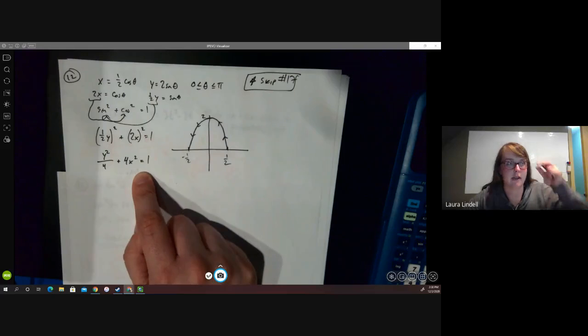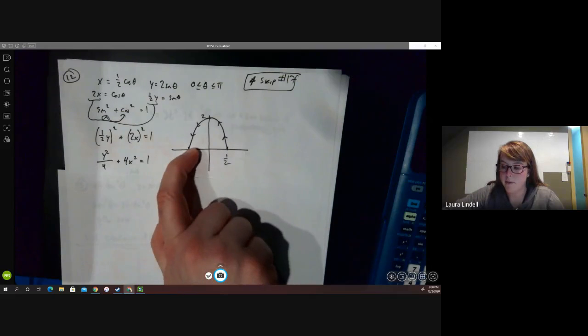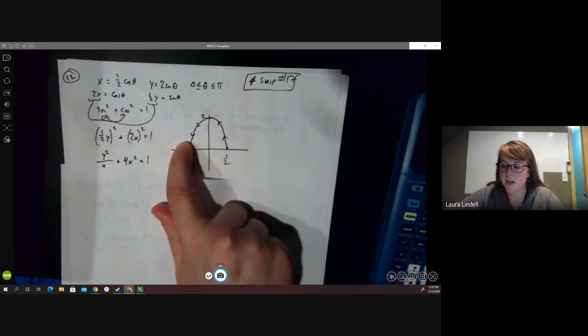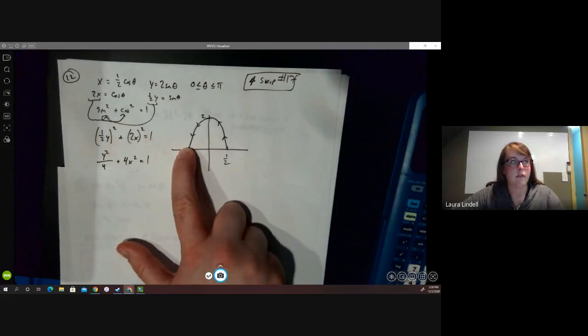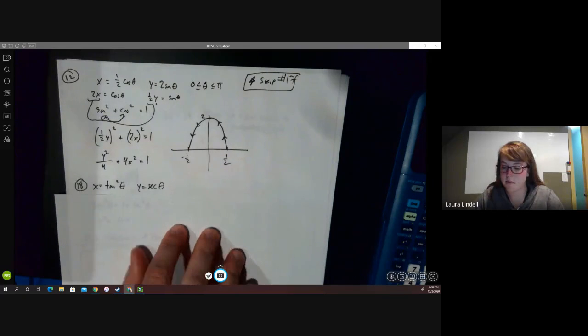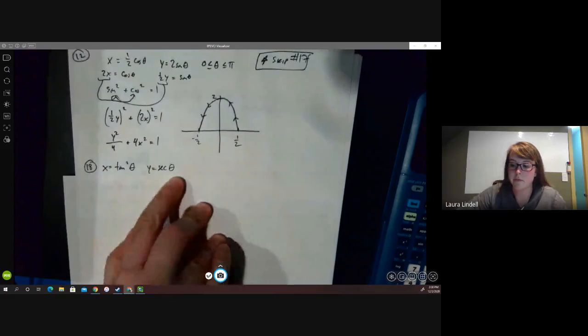This is an ellipse. And so from 0 to pi would be just this half of the ellipse, and it would be traveling in this direction. For number 18, that's the other one that we talked about, x equals tangent squared and y equals secant.